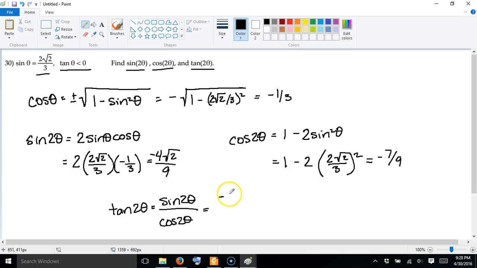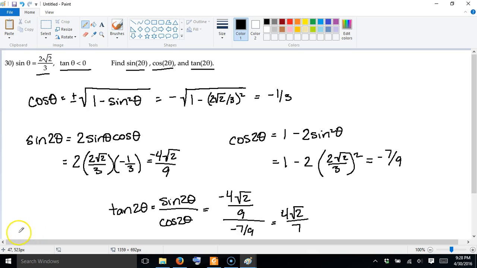And that is equal to, whoops, let's say that's a 4, I'm going to erase that, negative 4 square root 2 all over 9 divided by negative 7 over 9. The 9's cancel, and we end up having a positive value of 4 square root 2 over 7. And we're done with that problem.